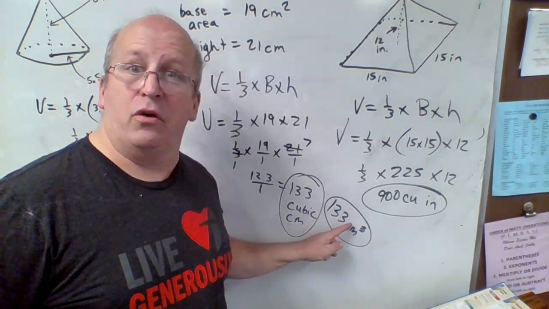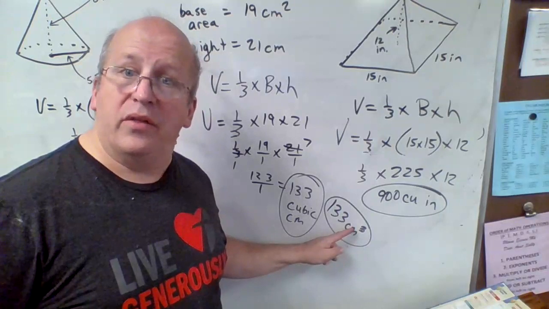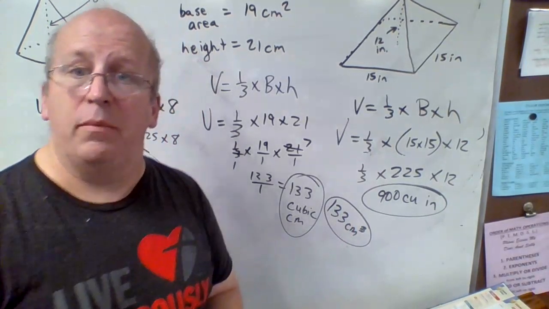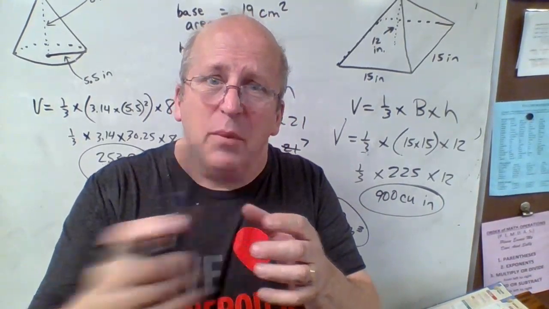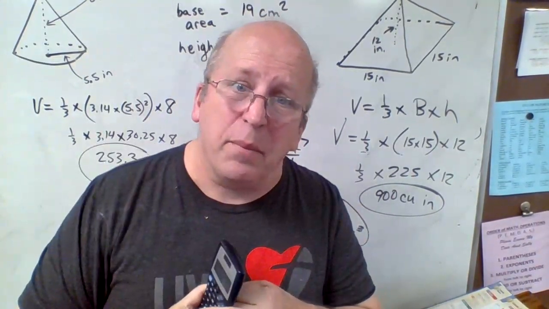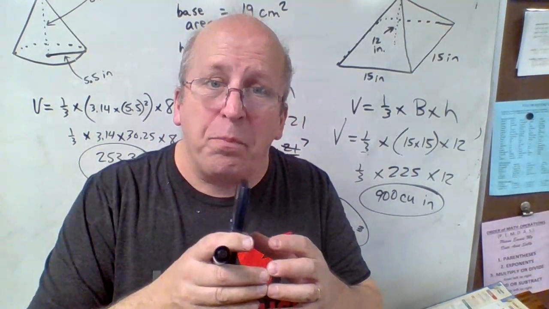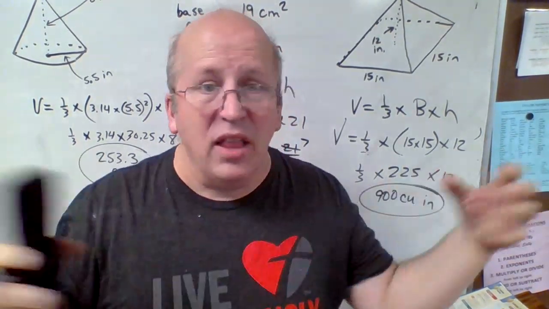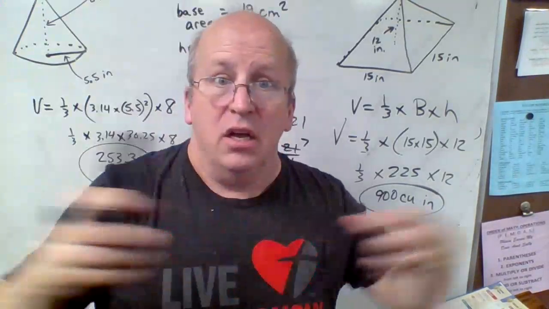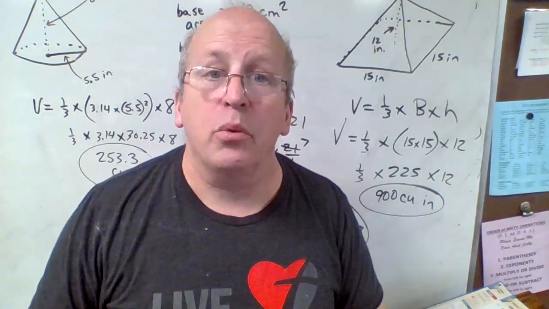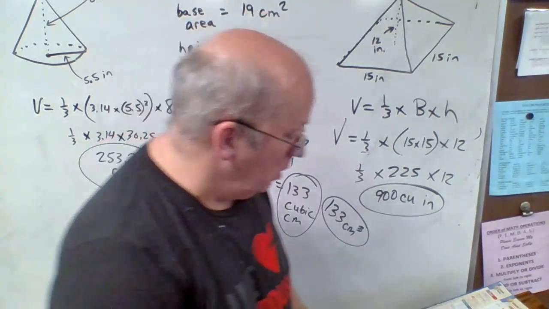Centimeters to the 3rd power is the same thing as cubic centimeters. Because what is volume? Volume is a measure of how much space we're taking up in a particular object, and space is represented by length and width and height, 3 different dimensions, right? Cubic centimeter has 3 different dimensions.